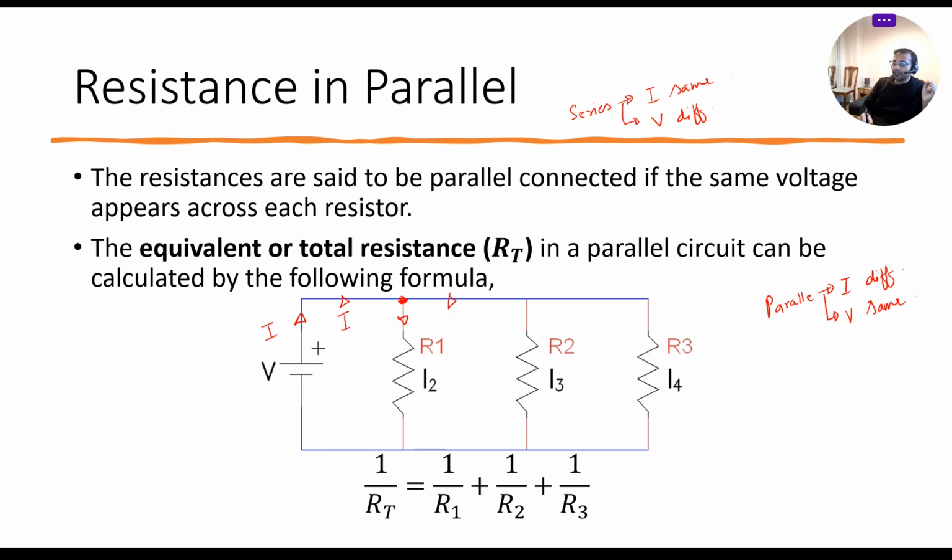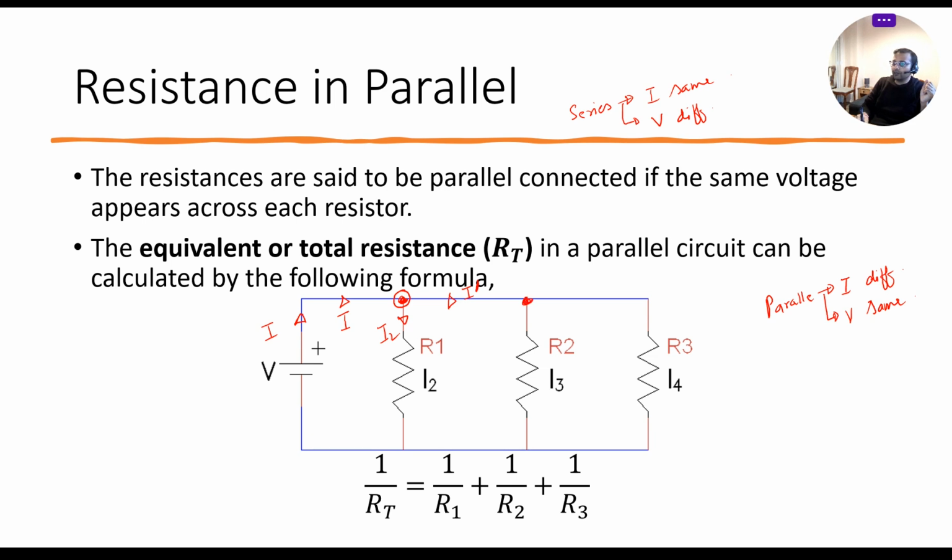So the supply current I will get divided into two parts at this point. Let's say I2 and maybe some I dash current will flow in this direction.